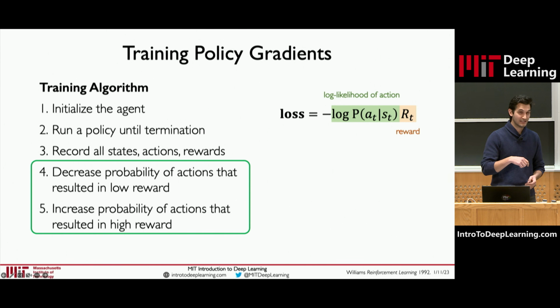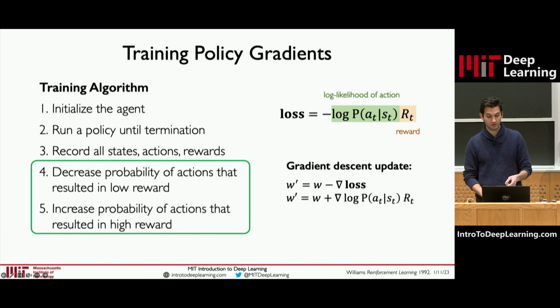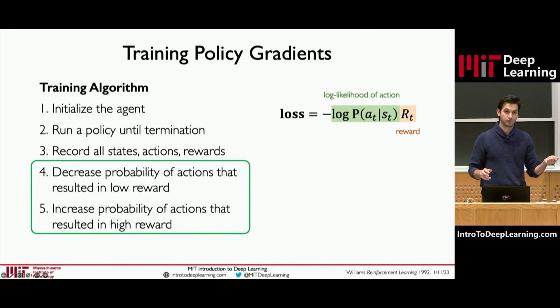On the other hand, if we obtained a reward that was very low for an action that had high likelihood, we want the inverse effect, right? We never want to sample that action again in the future because it resulted in a low reward, right? And you'll notice that this loss function right here, by including this negative, is going to minimize the likelihood of any action that had low rewards in this trajectory.